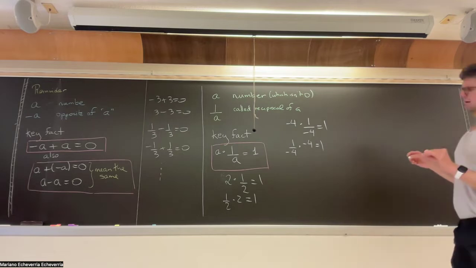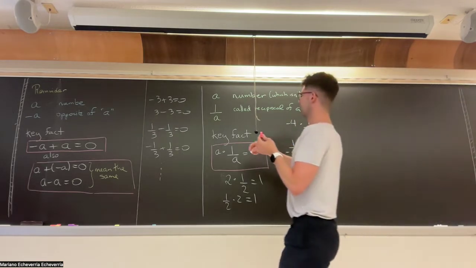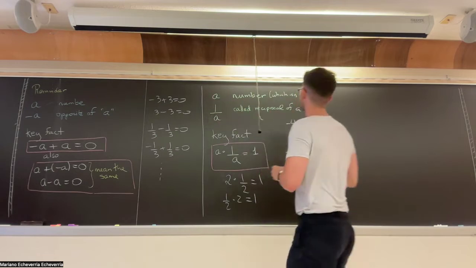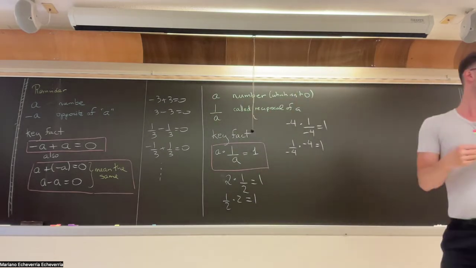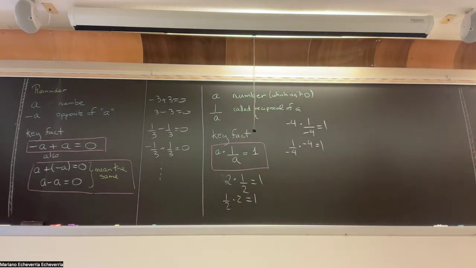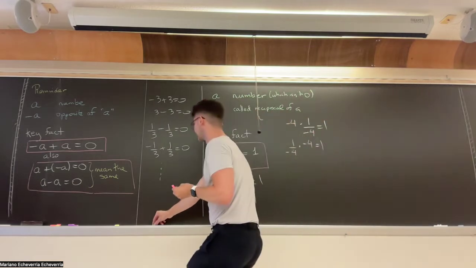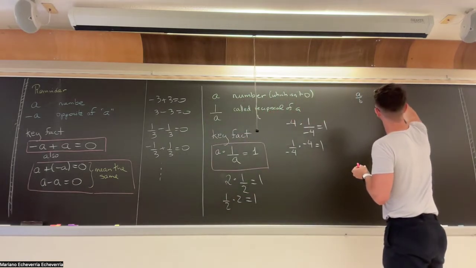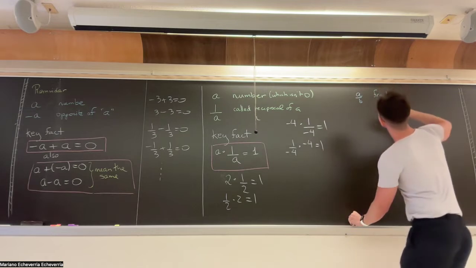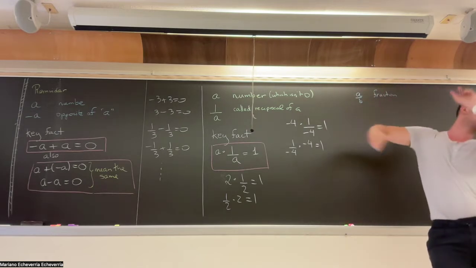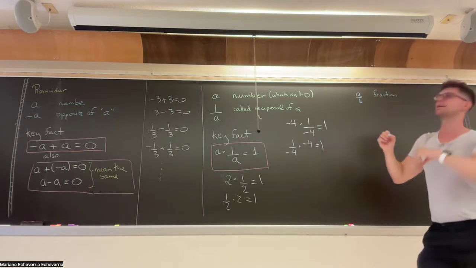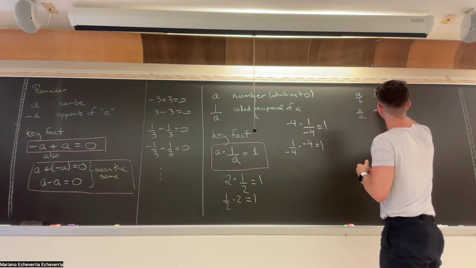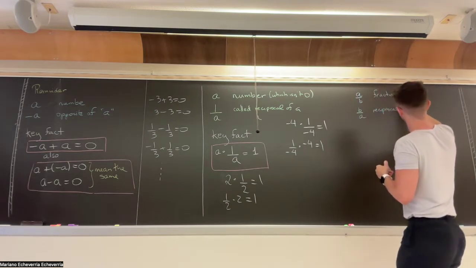This number can be a fraction itself, so it's better to have it written out separately. So the reciprocal of a fraction, say you have a fraction a over b, basically what it does is swap the numerator with the denominator, so b over a is what you would call the reciprocal of the fraction.